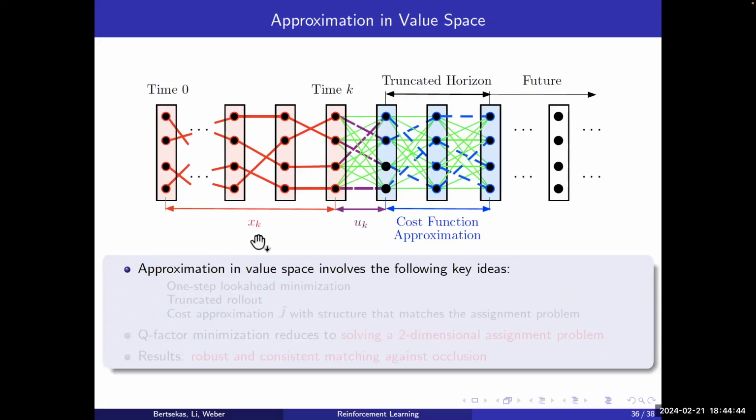So we apply the approximation in value space method to this problem. As you have seen a moment ago, the state for this problem is a partial solution, where x_k amounts to u_0, u_1, until u_{k-1}.